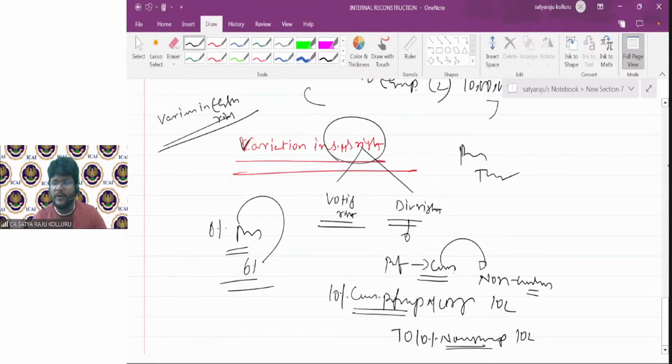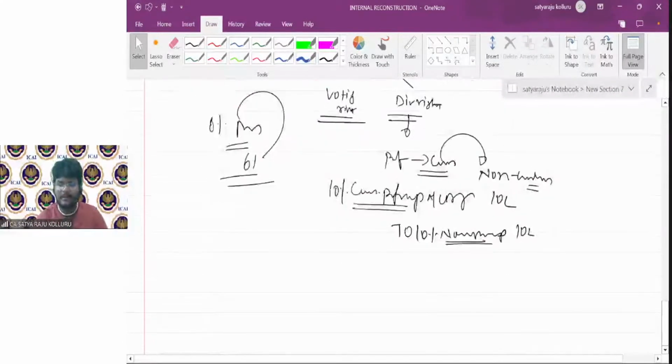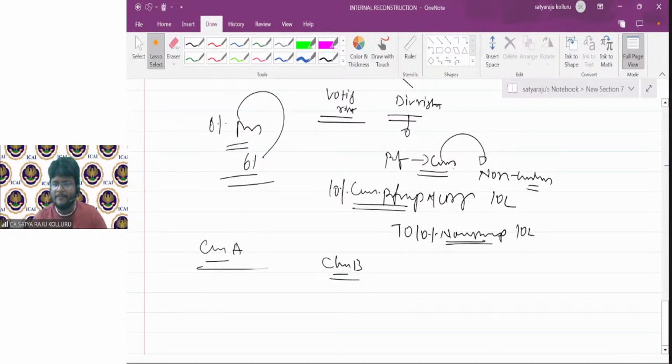Is there any possibility to issue different classes of equity shares? What is the meaning of different class, sir? Class A equity shares, Class B equity shares. So these equity shareholders will have different rights from other equity shareholders. Is it possible? That is my question.